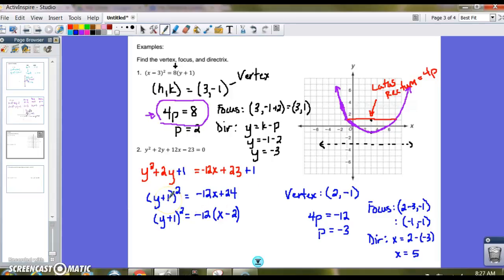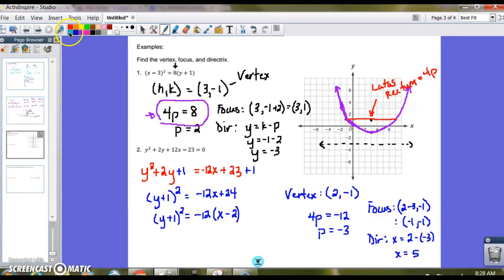On the right I can factor out a negative 12, and now this is the form that we want. From this I can figure out my vertex, my focus, and my directrix. My vertex is at (2, negative 1).